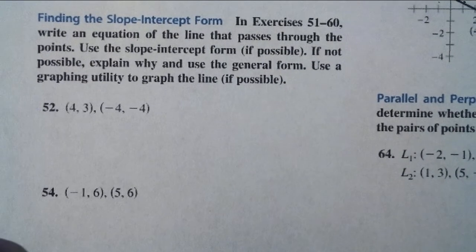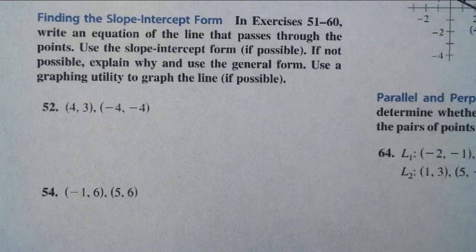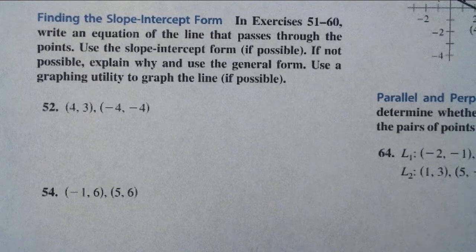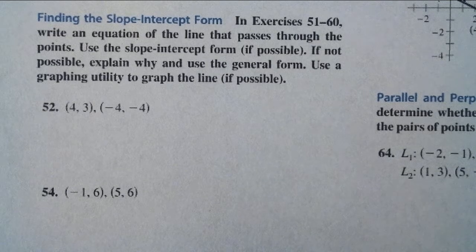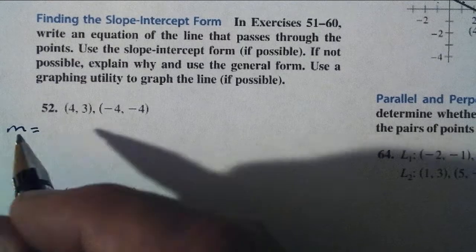Okay, you're going to write small here. If you're taking notes on this, write an equation of the line that passes through the points. Use slope-intercept form if possible. So we're going to try to go into slope-intercept form when we can. To get an equation of a line, almost always I'm going to go into point-slope form unless they give me the y-intercept to begin with. Either way, I need a slope.